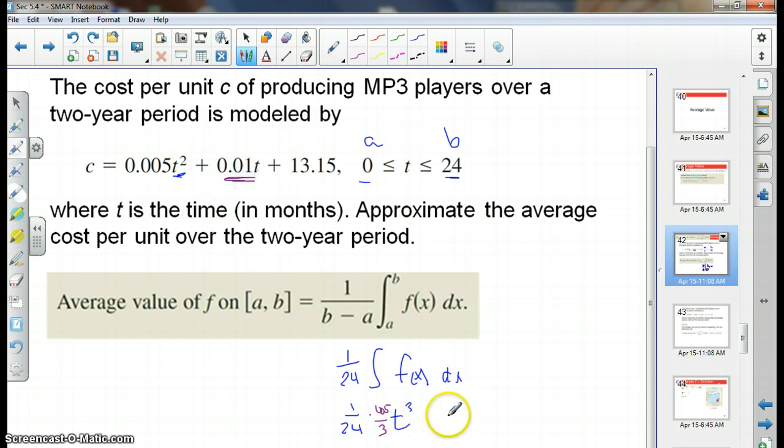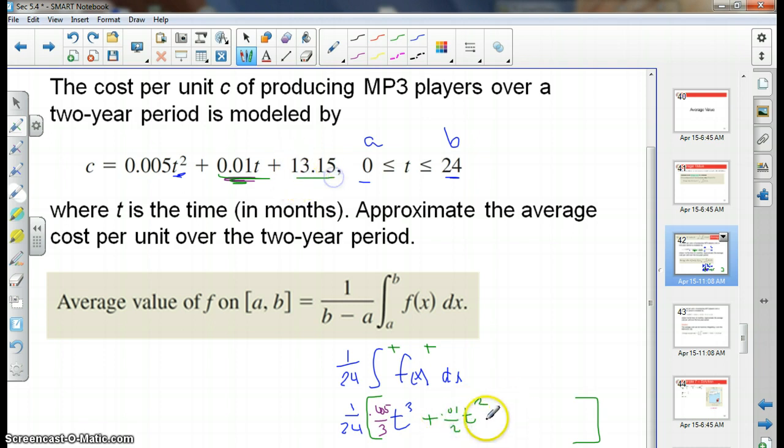This t gets increased by 1. So again, I'm integrating each individual part. So it's really 1/24 of each part. So I'll keep this 1/24 out front because each of these is broken up into little sums. So plus, this becomes t squared, 0.01 divided by 2.